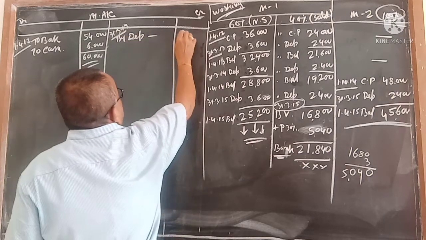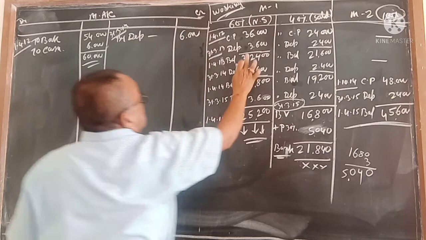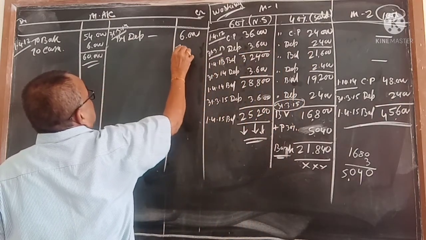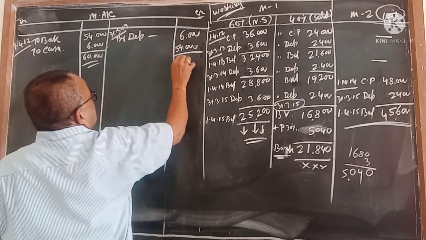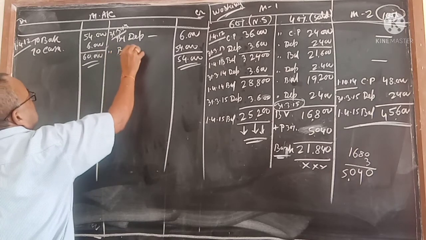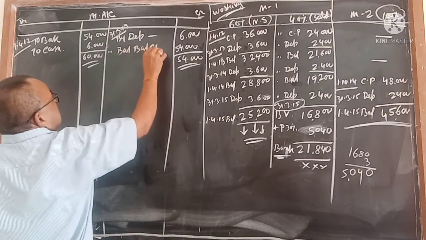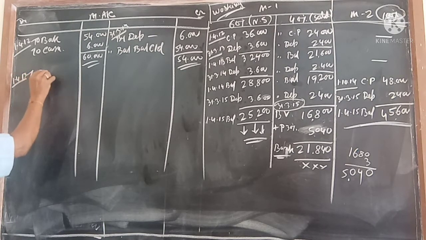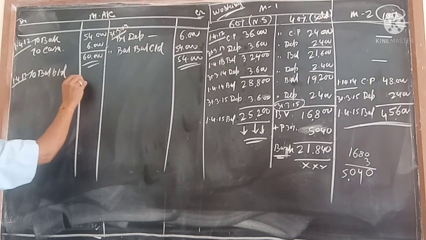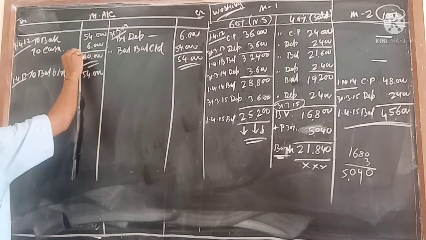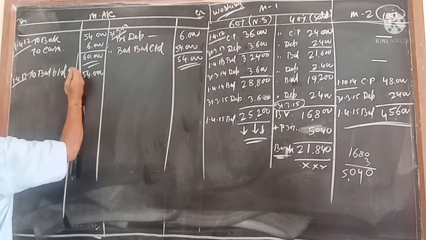How much? 6,000, because this plus this is 6,000. So it comes 54,000. Which is here 54, and this is the balance, by balance c/d. And you write it here 1/4/13 to balance b/d. How much? 54,000. Correct?